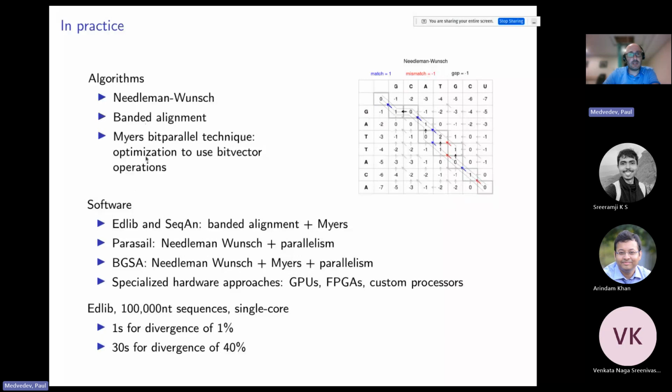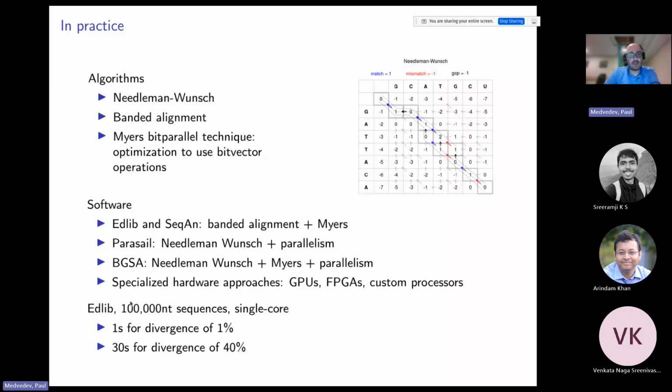So these are the 3 general ideas, and the most popularly used software essentially implements different combinations of these ideas. There are also specialized hardware approaches, things that use GPUs, custom processors, or FPGAs. I don't get into those here.